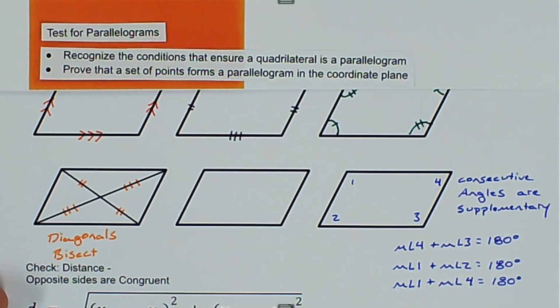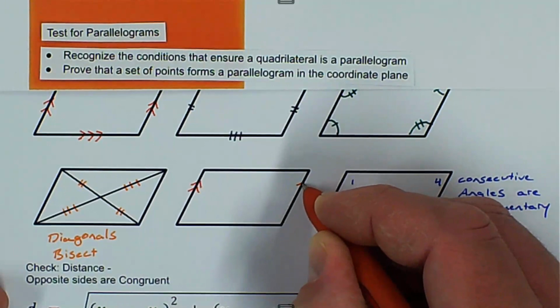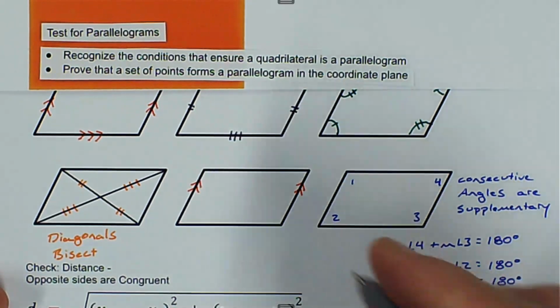And the last one we could have is one pair of opposite sides parallel and congruent. So we could use either side. We could show that this side was parallel and also congruent.